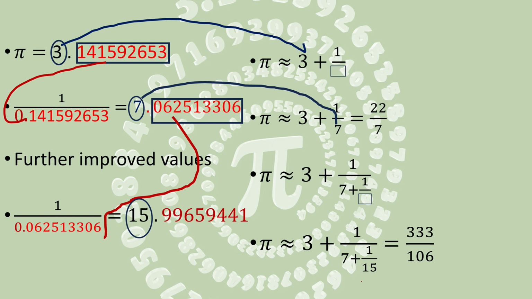It should be like that: plus 1 divided by whatever you got from the reciprocal of this part, which is now this one with a decimal point obviously, and the integer part will be taken here, and then simplify it. That will give you a more accurate value in p by q form for pi. Thank you very much.